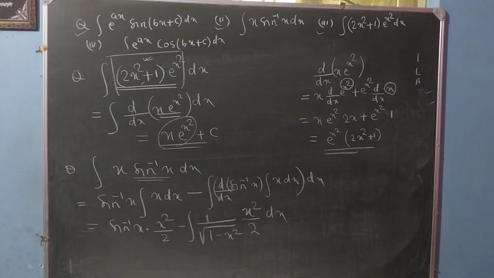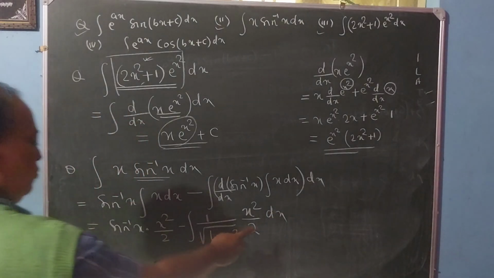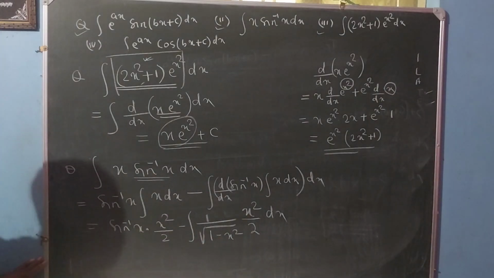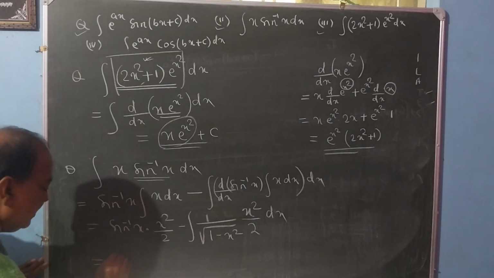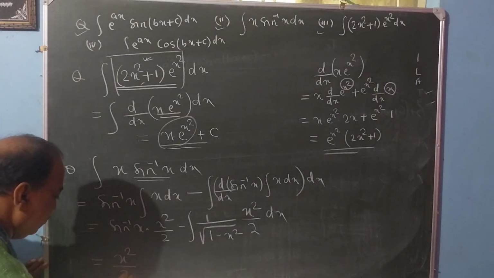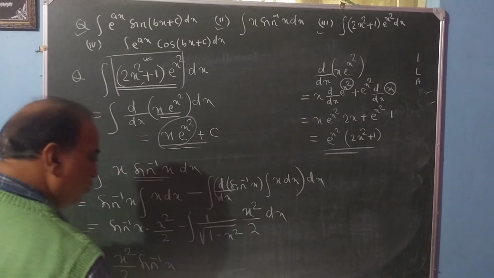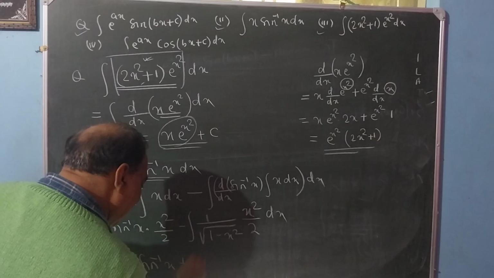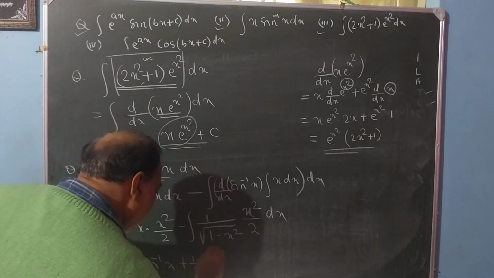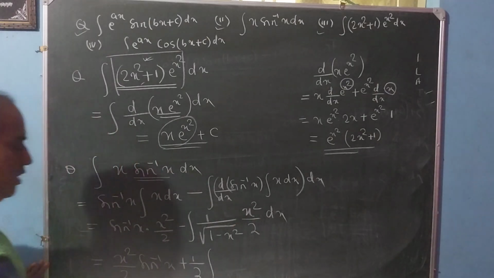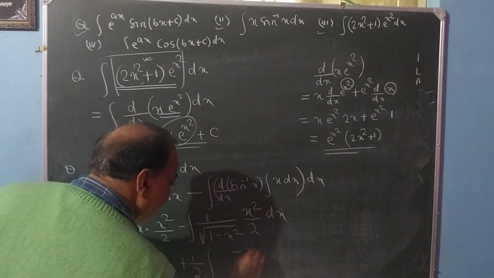Okay, so here 1 by 2 is a constant that will come outside. So here we get x square by 2 sine inverse x, 1 by 2 is a constant, so I am writing it like this, 1 by 2, minus, then x square by root over of 1 minus x square.